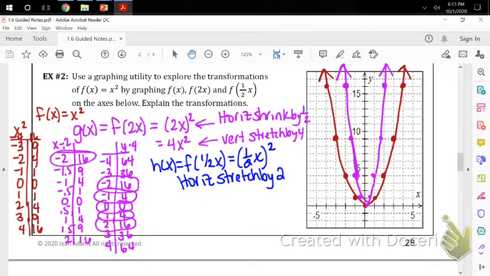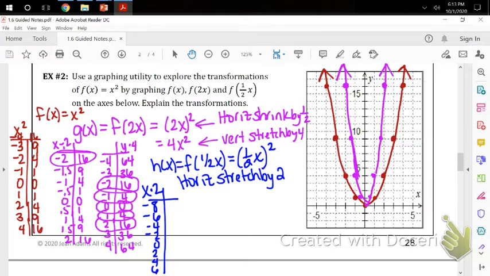And so we could do this with our table. So we would divide our x's by 1/2, but dividing by 1/2 is the same as multiplying by 2. And so using my original table there, if I multiply my x's by 2, oops, I don't have room for that last one, so I'm just going to leave it off.